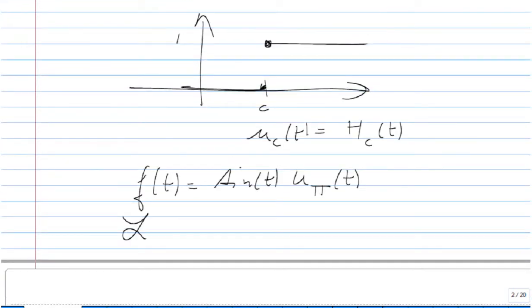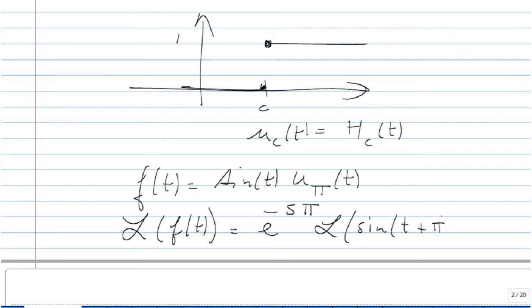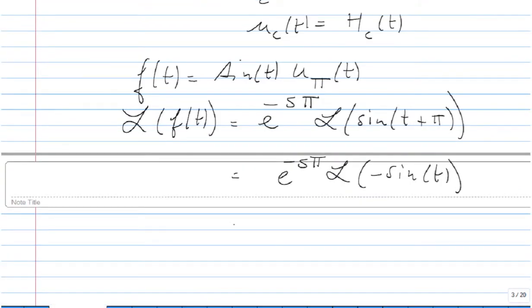So the Laplace of f of t, using the table of Laplace, is e to the minus s pi times Laplace of the sine shifted. Sine of t plus pi, that's minus sine of t, and therefore we can put the minus outside: minus e to the minus s pi Laplace of sine of t.